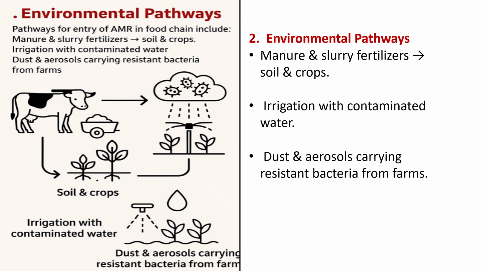Thirdly, dust and aerosols carrying resistant bacteria from farms can also spread AMR. This creates what we call hotspots of resistance, where microbes exchange resistance genes and spread them further.